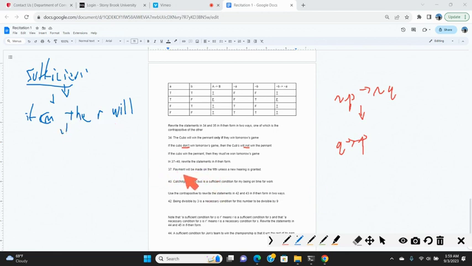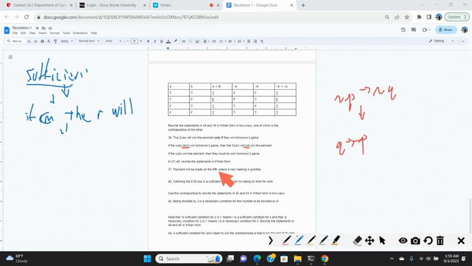So we have: payment will be made on the 5th unless a new hearing is granted. So a hearing being granted is sufficient for payment to not be made on the 5th.